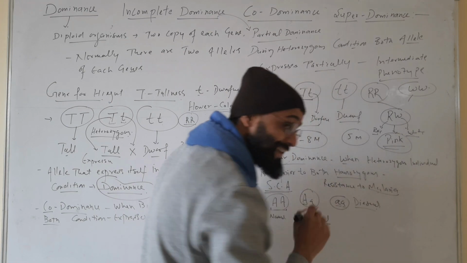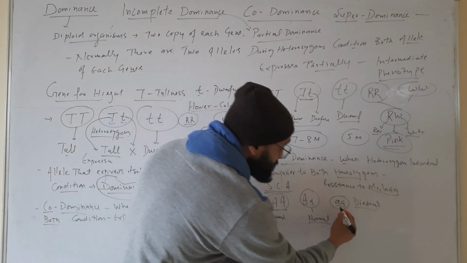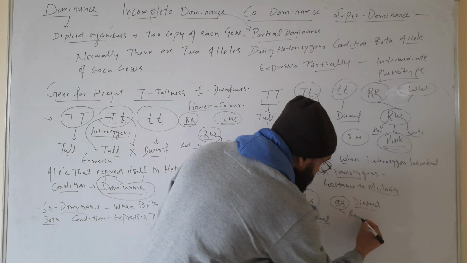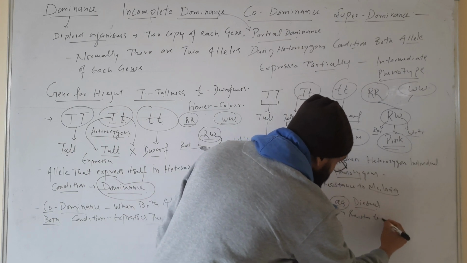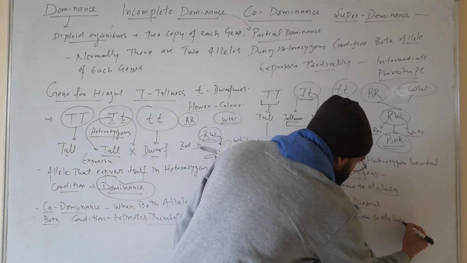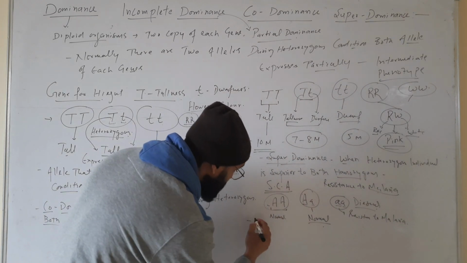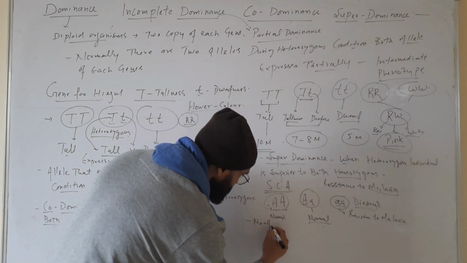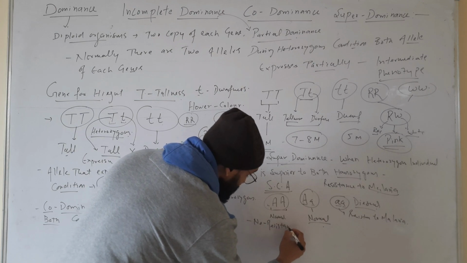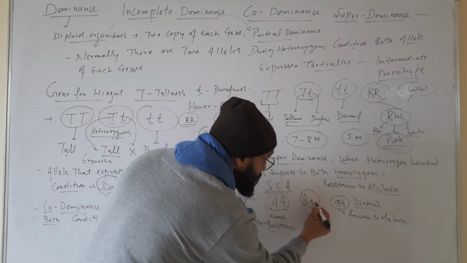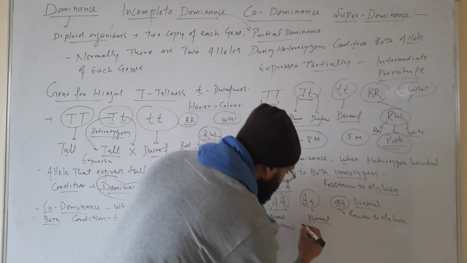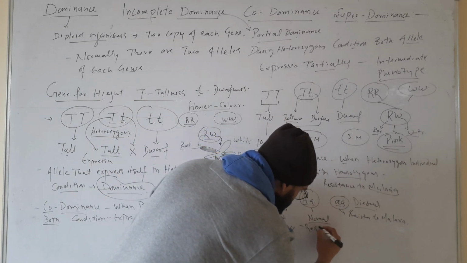So the normal homozygous person will not have resistance to malaria. But the heterozygous person has one mutated copy, so will be resistant.